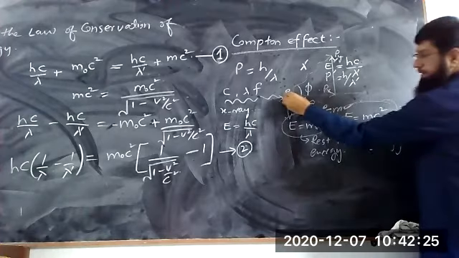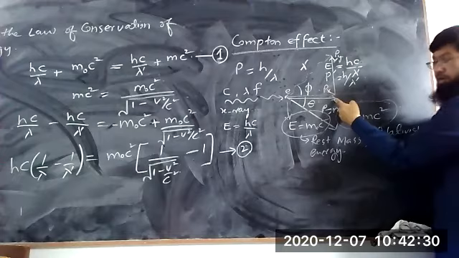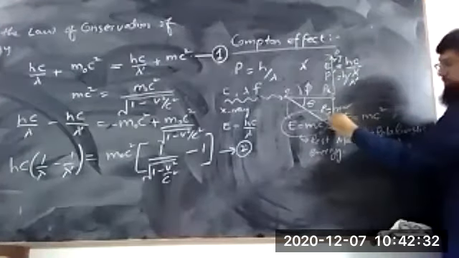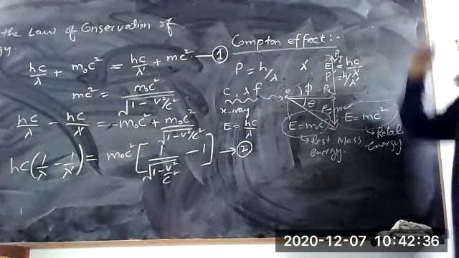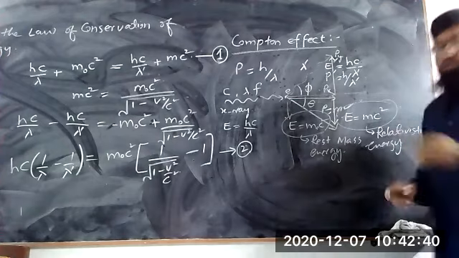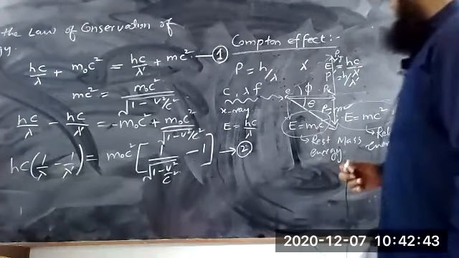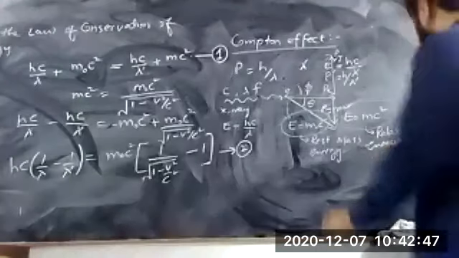Similarly, this is the electron. The electron again has a component along the x-axis and a component along the y-axis. So from the law of conservation of momentum, we have two equations: one for the momentum along the x-axis and the other for the momentum along the y-axis.